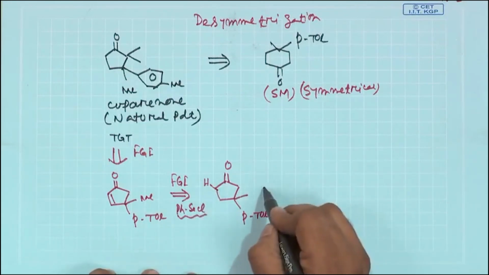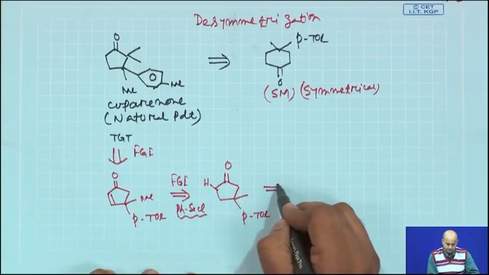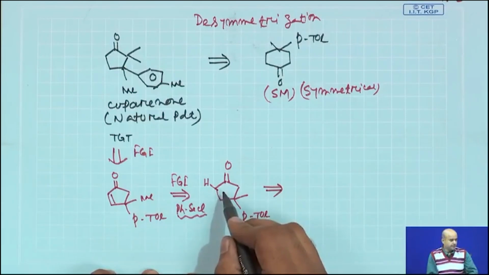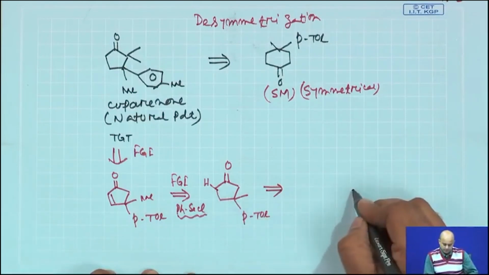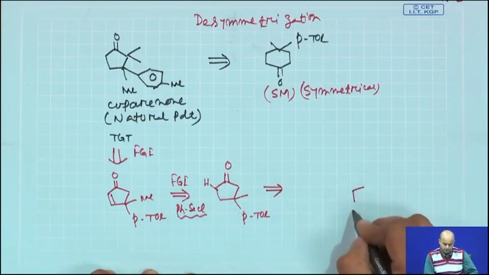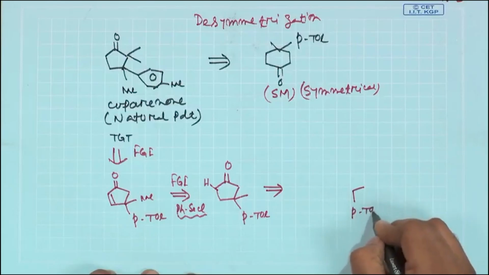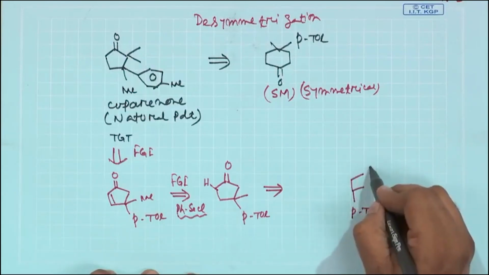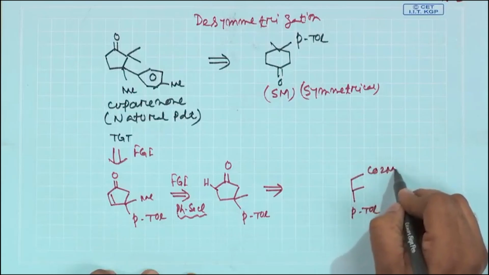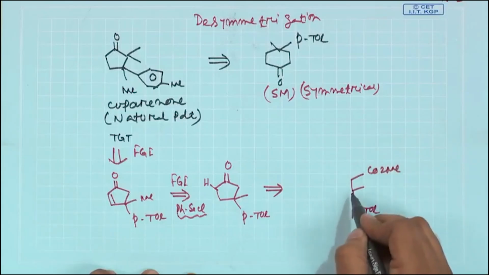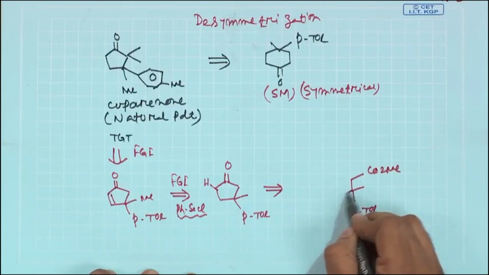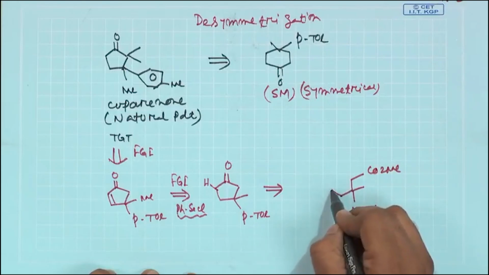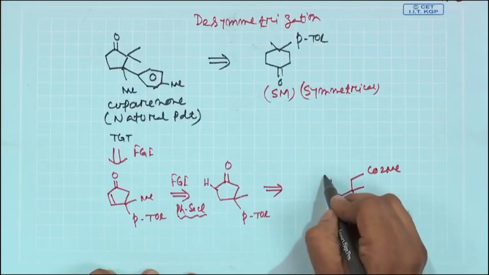Now, how can you make this ketone? For making this ketone, we do a retro which follows a very well known Dieckmann type of reaction.